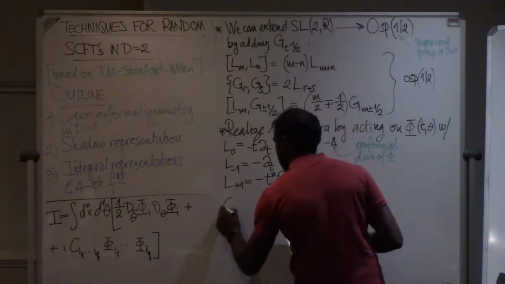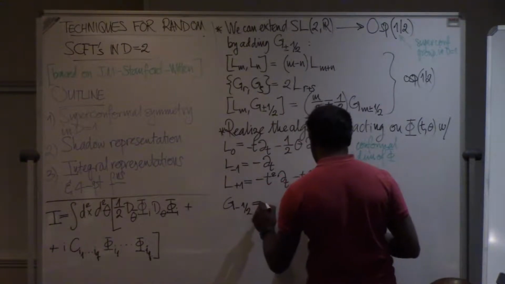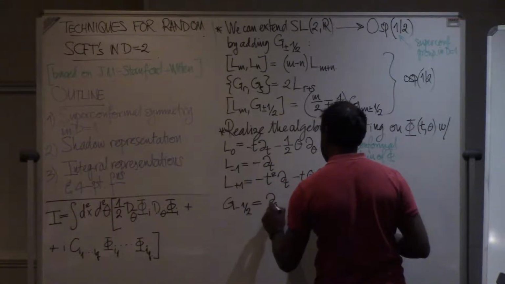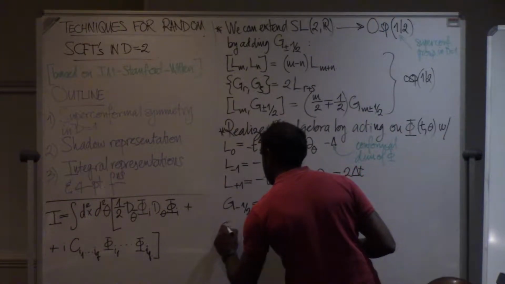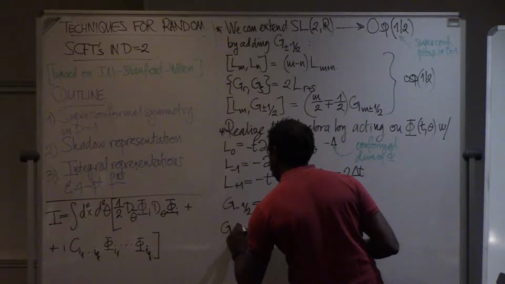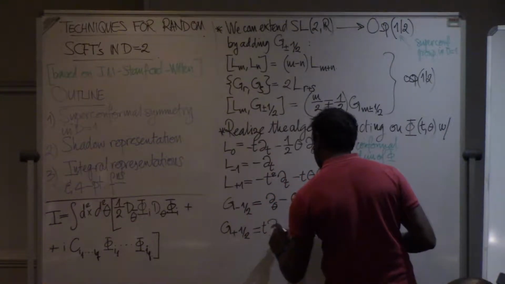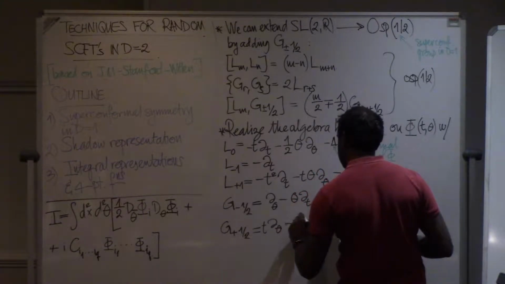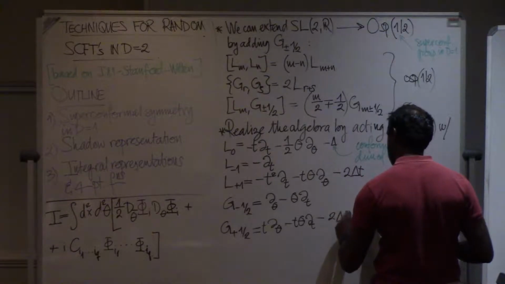G minus a half is d theta minus theta dt, and G plus a half is t d theta minus t theta dt minus 2 delta t.